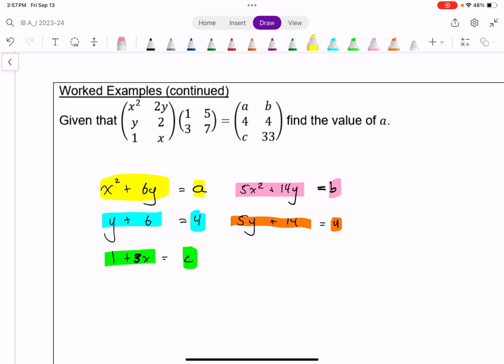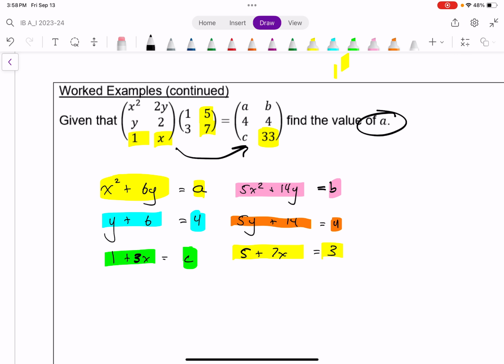Let's just go back to yellow. I know if I go 1 times 5, so 5 plus 7x, that must equal 33. So these 6 statements show me the process of the matrix multiplication of going from here to here.